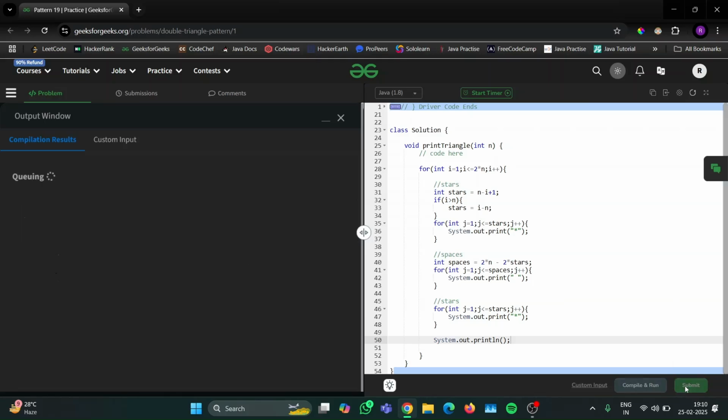Now we just have to submit our code and check the runtime and the points we get from it. I think the internet connection is the problem. That's why we are getting the output late.